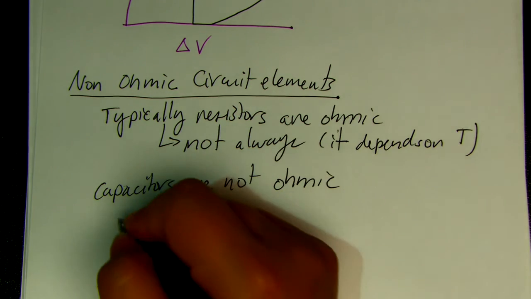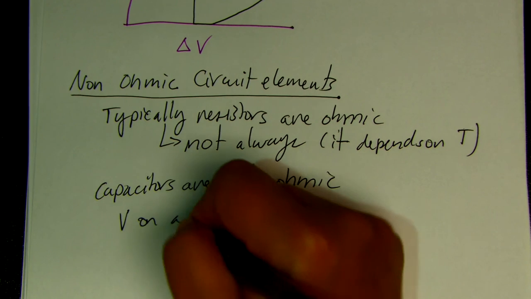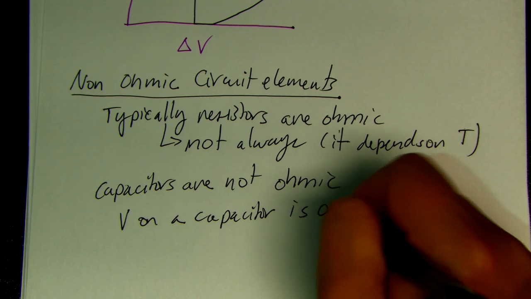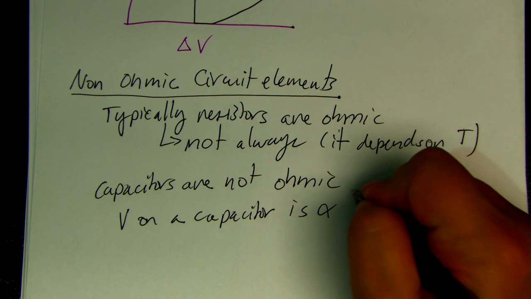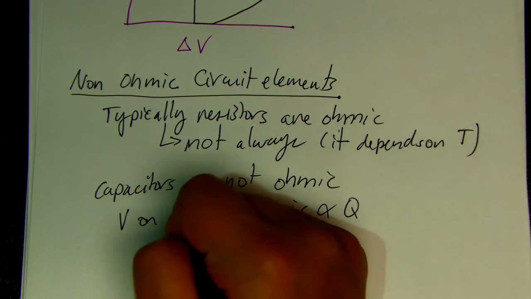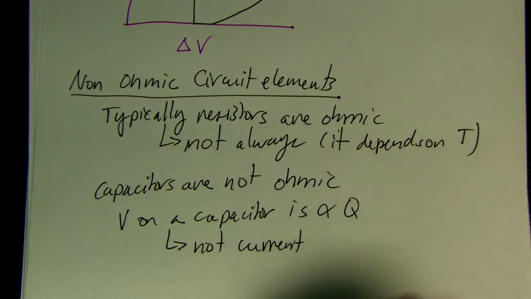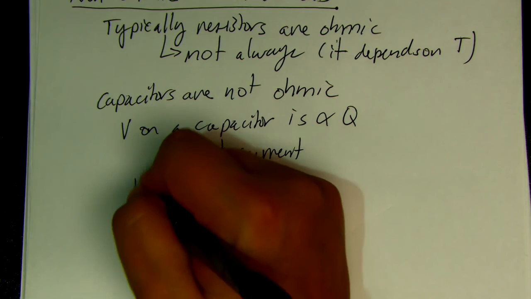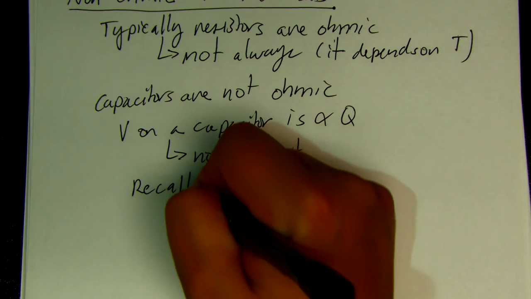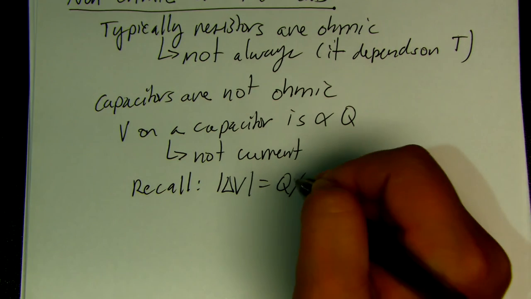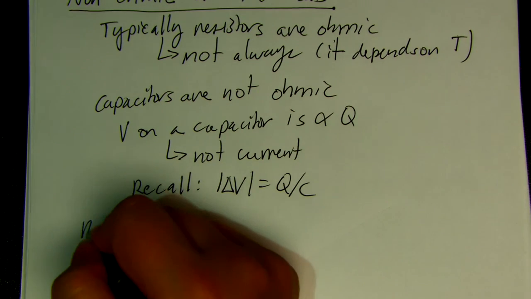And from here, remember the voltage on a capacitor is proportional to Q, not current, so it can't be ohmic. So if you recall, delta V is equal to Q over C. And also, batteries are not ohmic.